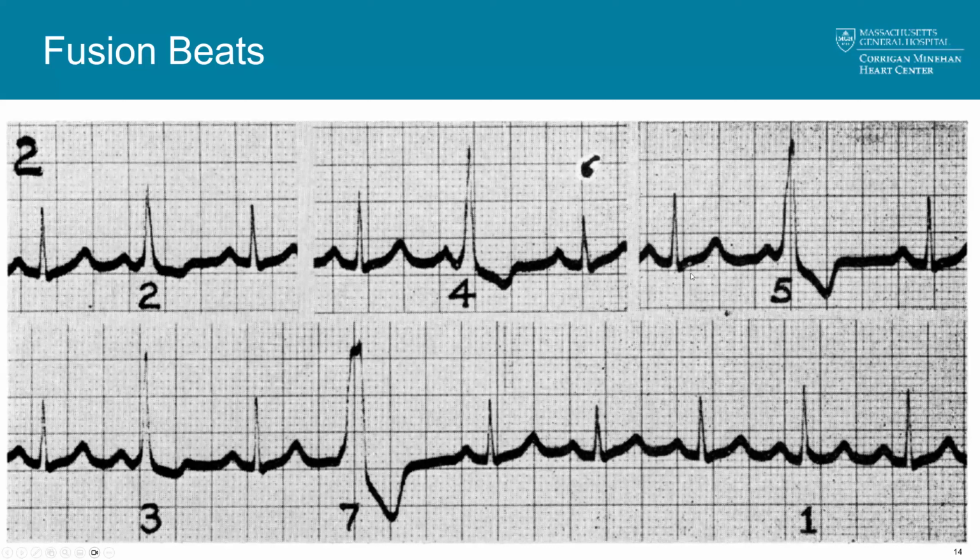Then you go over to beat number 4, where the QRS complex is happening just a little bit early with respect to the sinus beat. So here you see it's not quite 4 boxes between the P wave and the beginning of the QRS.